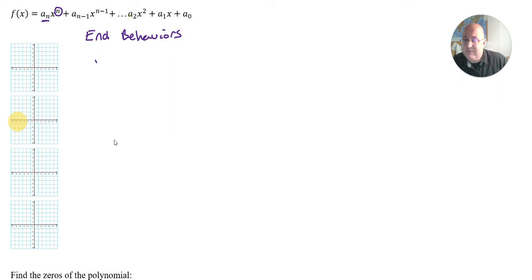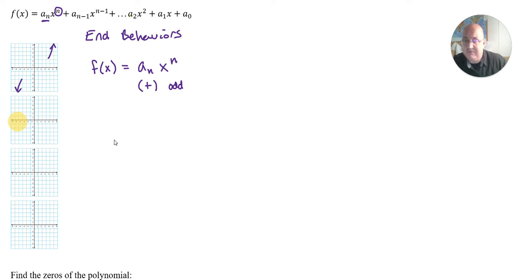So the idea is, if you have a function where a sub n is positive, and n is odd, then the graph is going to go down to the left and up to the right.